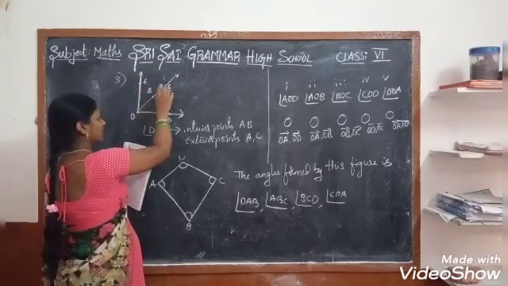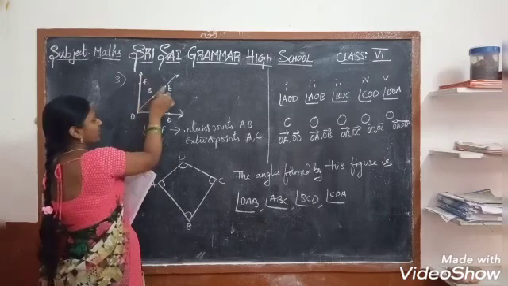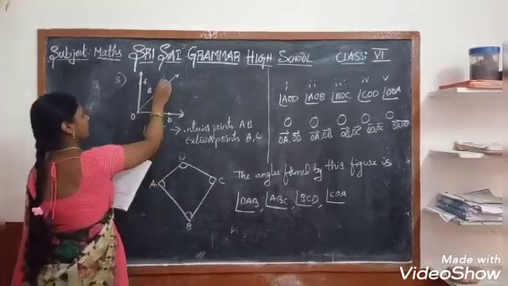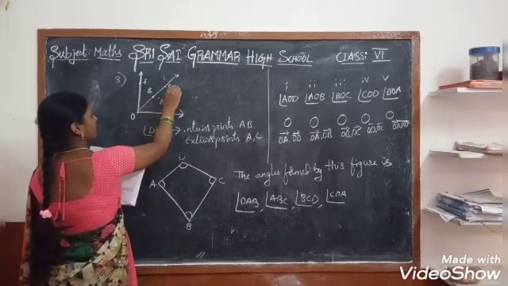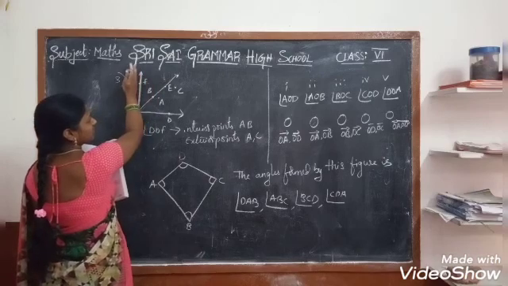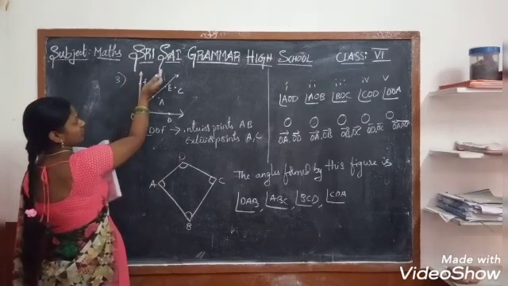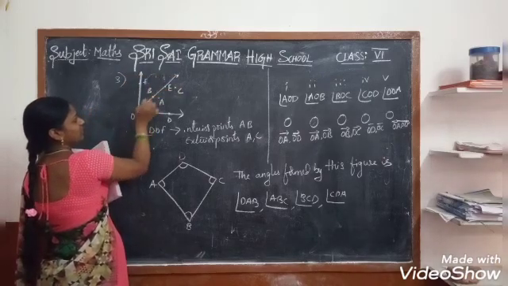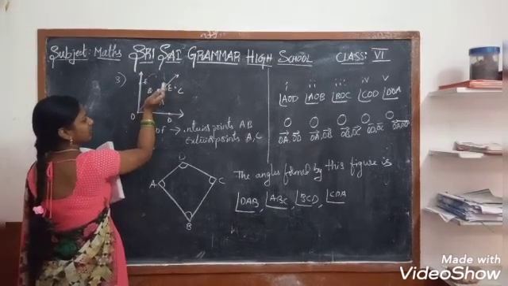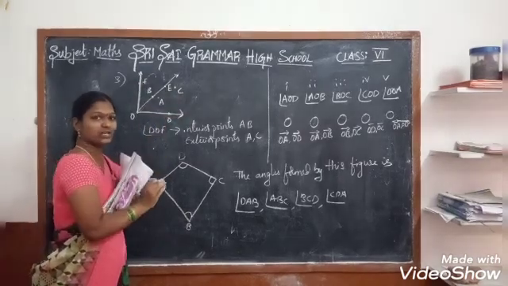These are the exterior points we have to show. This is the interior part of EOF, so from this we are showing the exterior points A and C outside of the angle.